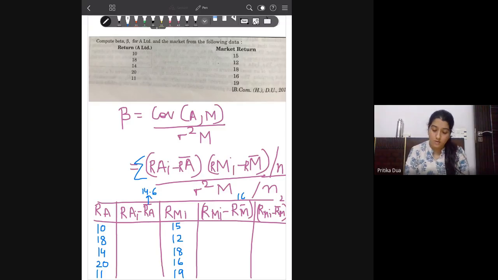How much is the covariance you are getting? So you will divide it by 5 in the numerator. See the formula.